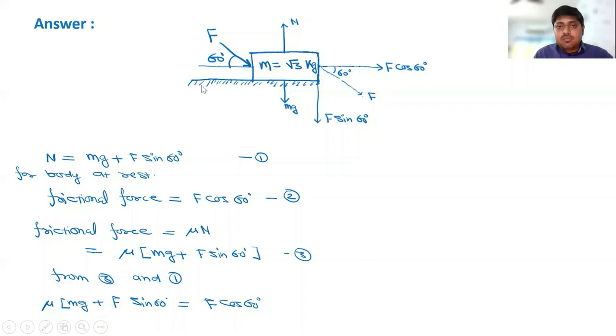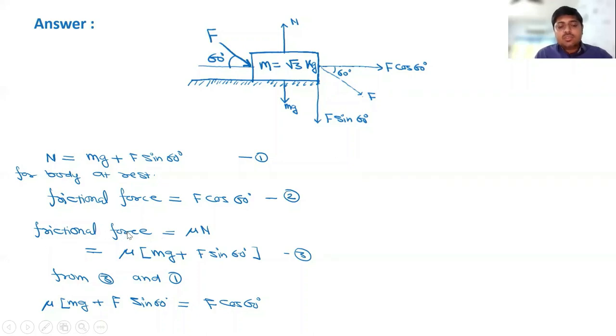And we know that after applying this force, the body is not moving, it is still at rest. So the component of this force, that is F cos 60, must be equal to the value of the frictional force. So we can say frictional force is equal to F cos 60 degree. Let's say this is our equation 2.